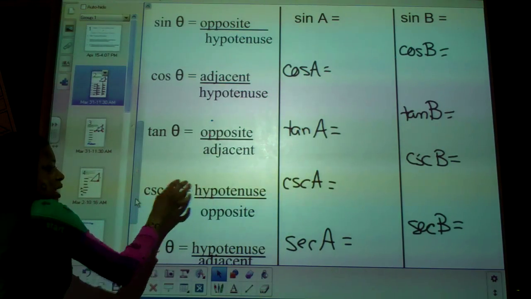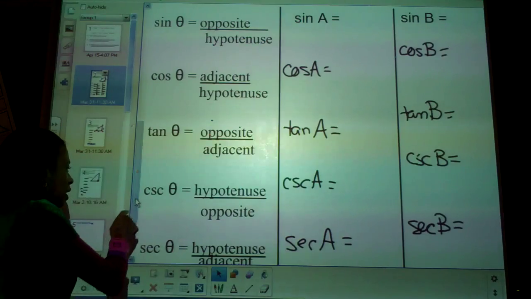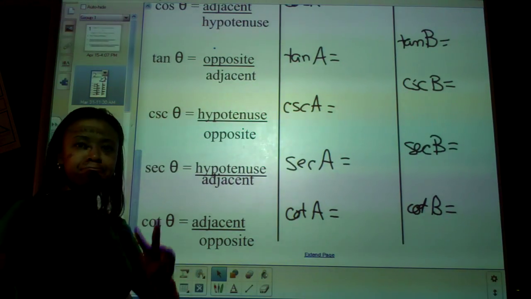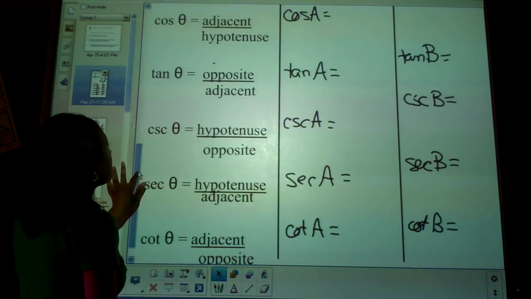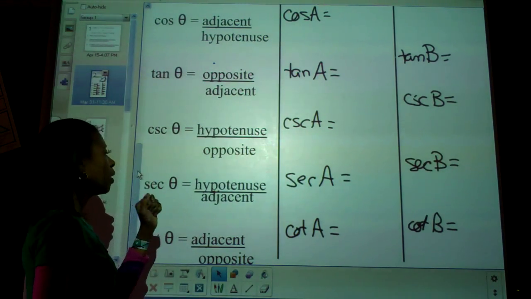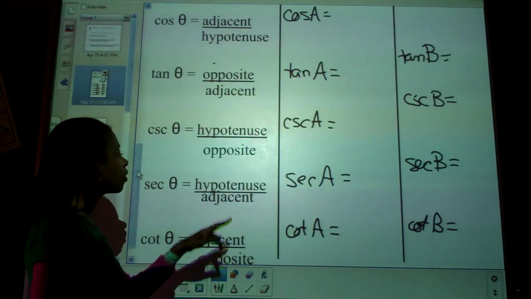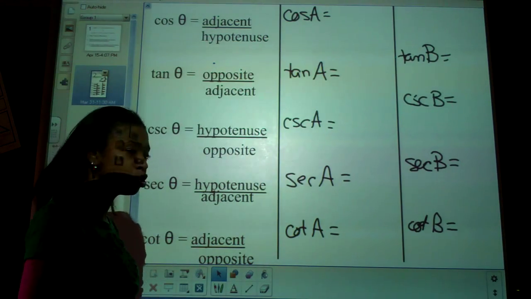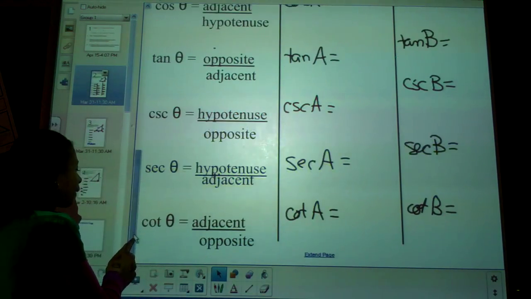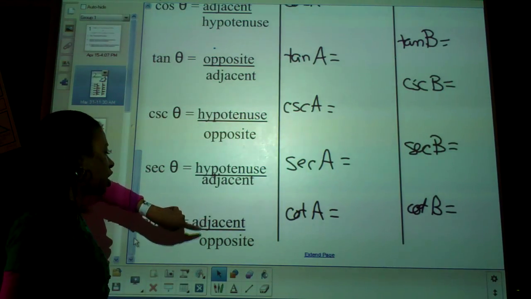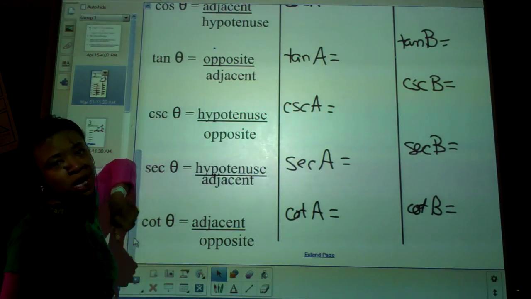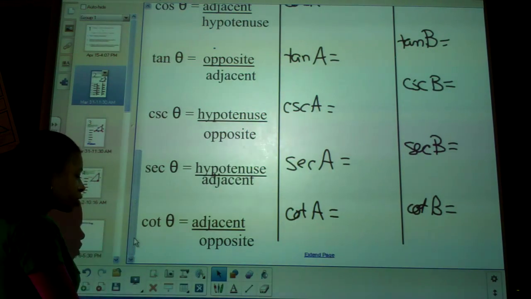So the cosecant is hypotenuse over opposite. The secant compares the two legs, hypotenuse and adjacent, and it's the reciprocal of cosine. Cotangent is the comparison of the adjacent and opposite, and it's the reciprocal of tangent. So each one has a twin.